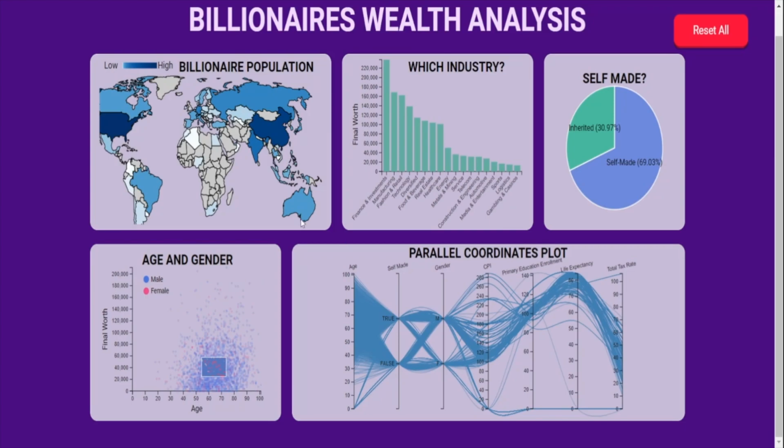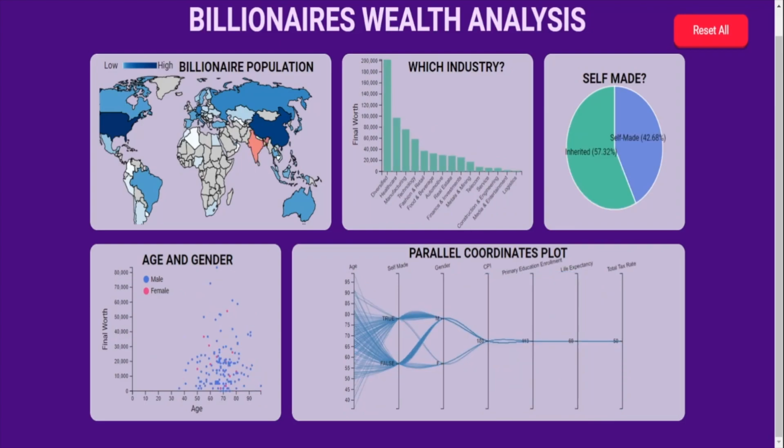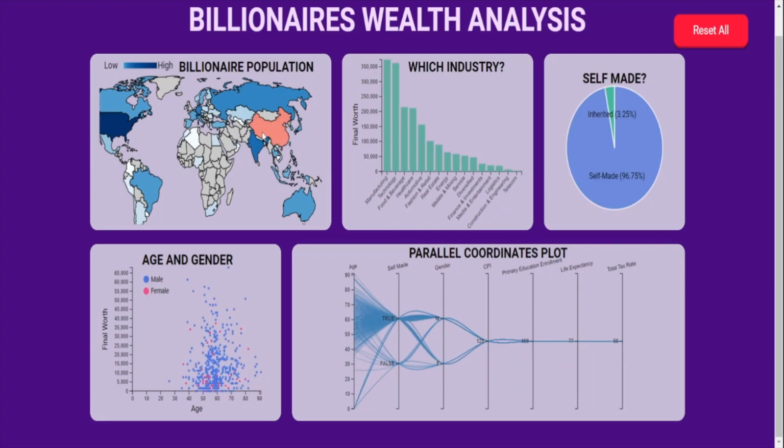Another analysis that we can do using this scatter plot is a country versus gender distribution. For example, let's select a particular country, and we would be able to view the distribution that this country has with male and female respectively. We can choose any country.